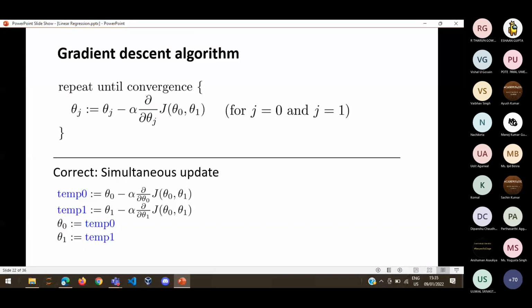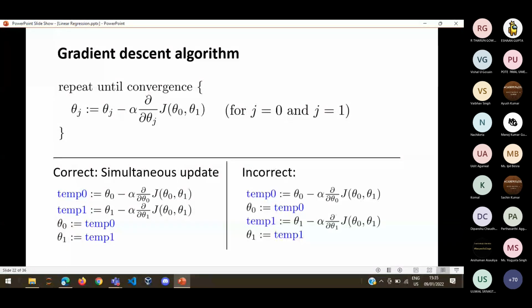So the changes that you have made in theta naught will be reflected in this J, and this J will give a false estimation for these next parameters. So that is an incorrect way to do it. The correct way to update the parameters is by using this simultaneous update, right?